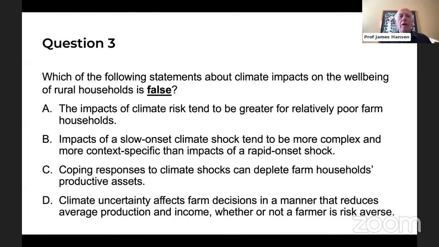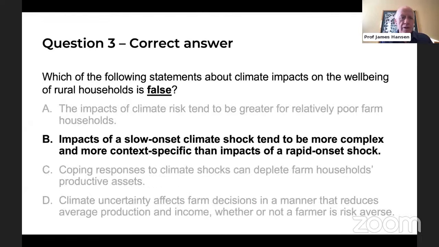Number 3, which of the following statements about climate impacts on well-being of a rural household is false? Correct answer. The false statement is impacts of a slow onset climate shock tend to be more complex and more context specific than impacts of a rapid onset shock.